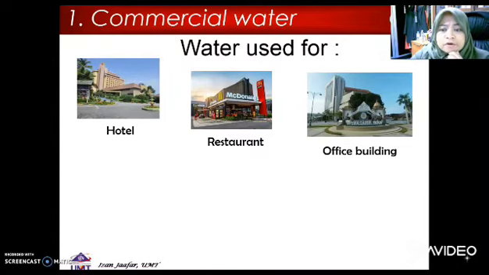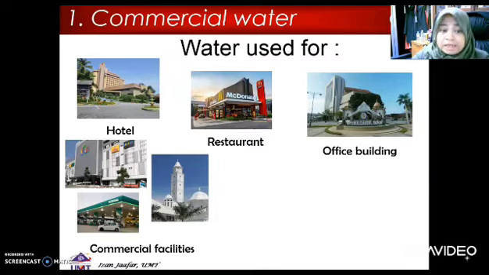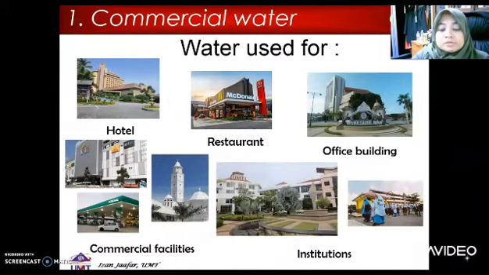And also we have office buildings: water used for hotels, restaurants, office buildings. And then we also have commercial facilities, such as KTC Mall, petrol stations like Petronas, and also mosques, temples, houses of worship, anything intended for commercial facilities. And last but not least, institutions like UMT and also schools.